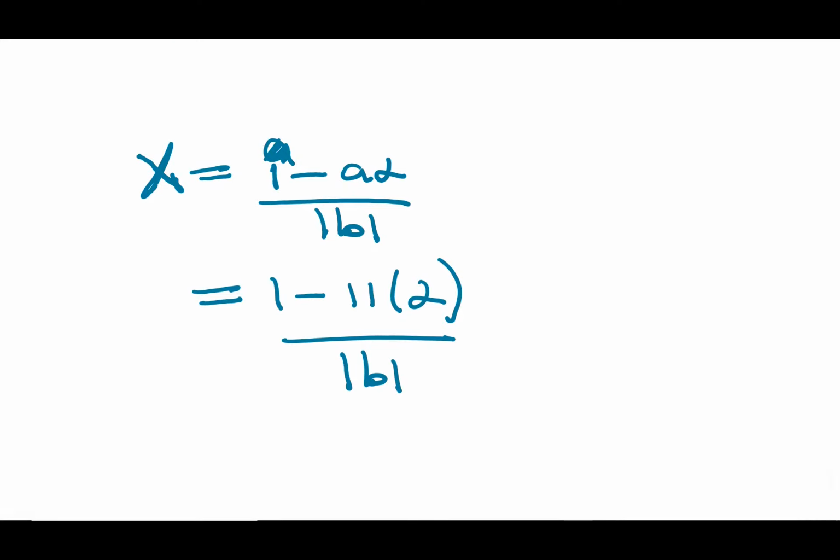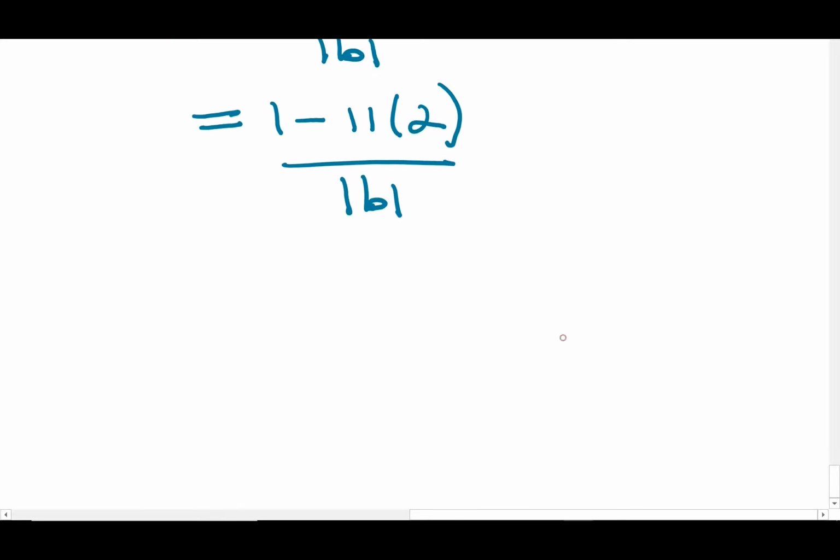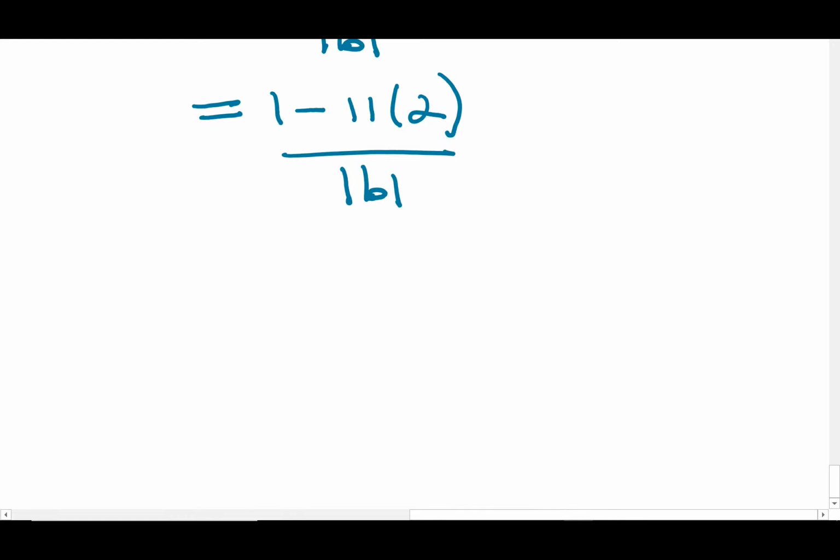So basically right here, what we could have done is, if alpha is less than 0, like in this case where we're letting alpha be less than 0, this has to be a positive value.